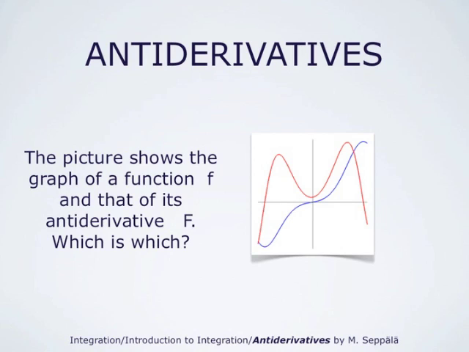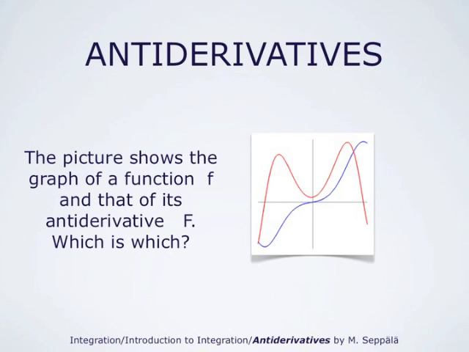Therefore, if the red curve were to be the antiderivative, then its derivative would be the blue curve. But the red curve is initially increasing, starting from the left. Therefore, the derivative would have to be positive, starting from the left.